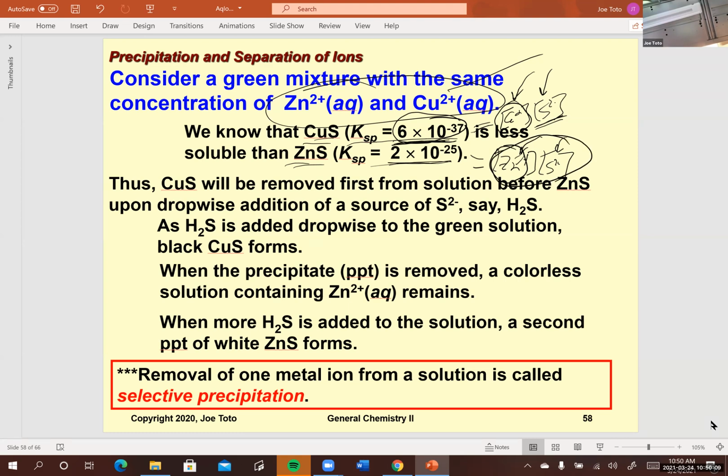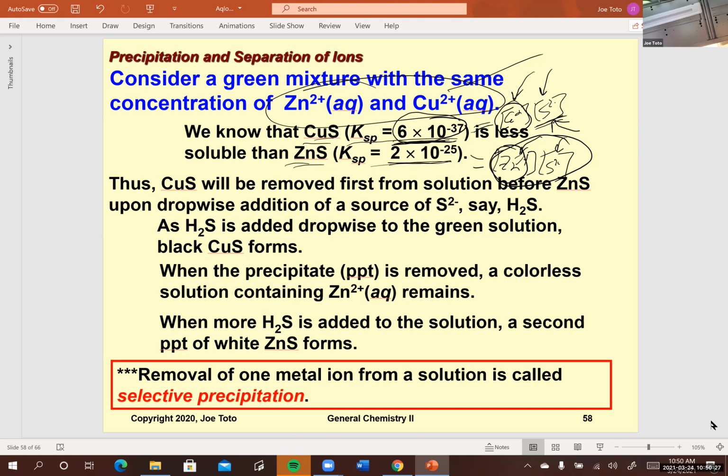So if I drop it in, the concentration of sulfide is going to increase up, up, up until I get to a threshold here. And then the copper is going to precipitate.